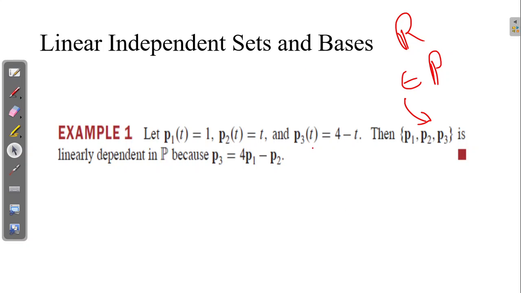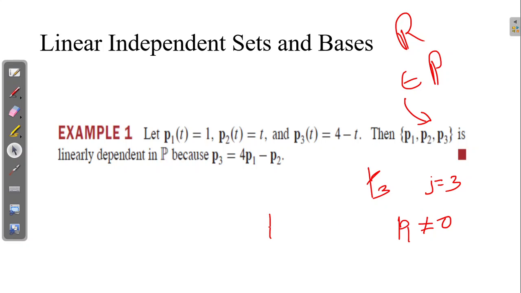That means I have p3(t), that is 4 minus t, and p2(t) equal to t, p1(t) equal to 1. If you take p1(t) minus p2(t), you will get 1 minus t, which is not equal to p3(t). So I have to make this 4: for 4 times p1 minus p2(t), I will get 4 minus t, so I will get p3(t). Here j is equal to 3, and p1 is not equal to 0, so these conditions are satisfied.